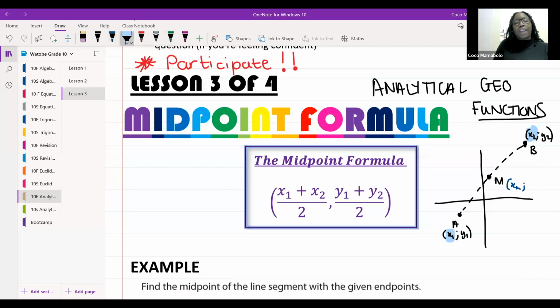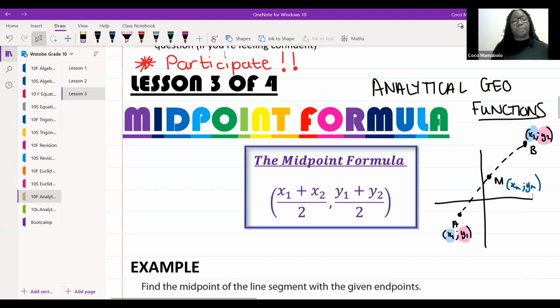And then if I want to find my y coordinate, I'm going to take this y1 value over here, add that value to y2, divide that by 2, and then that is going to give me this ym value over here. All right, so we're going to be looking at how to do this. And remember, guys, that the midpoint is not going to be a number. It's going to give us another coordinate. So it's going to give us an x and a y coordinate on the Cartesian plane.